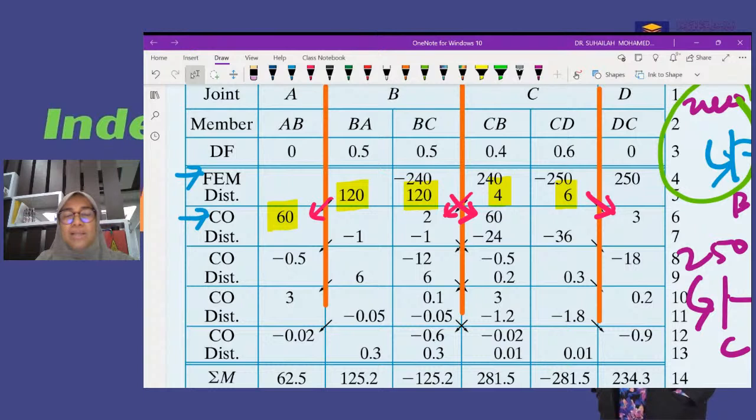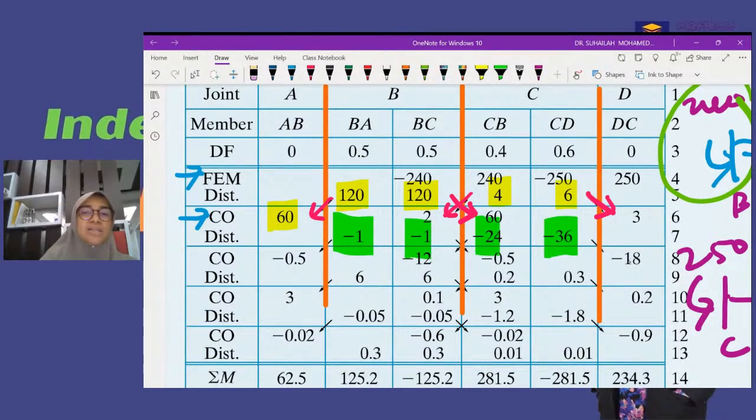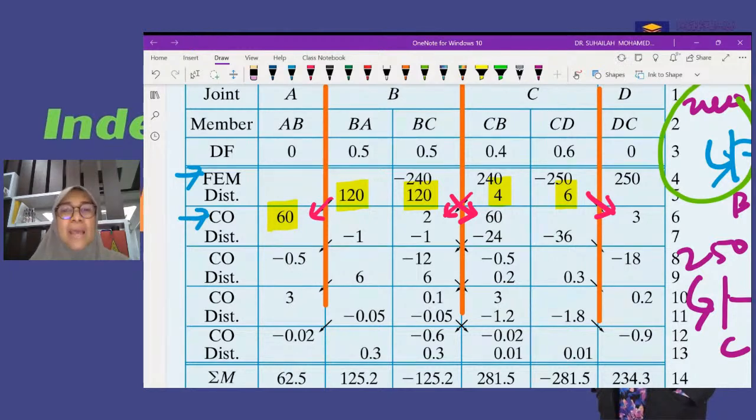To calculate the values of -1, -24 and so on, we have to find the total moment and multiply with the factor. The total moment at B is equal to -2, and the total moment at C is equal to -60.